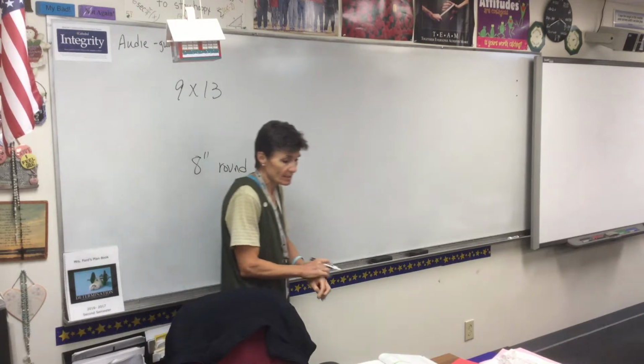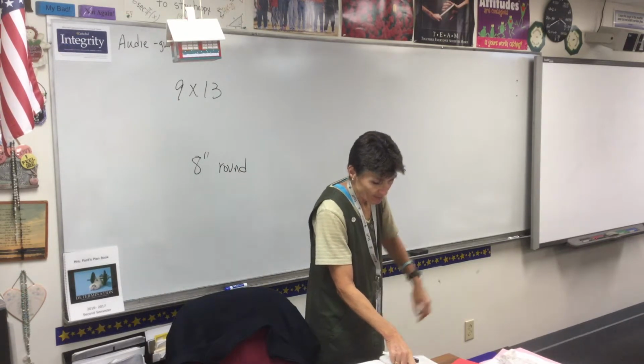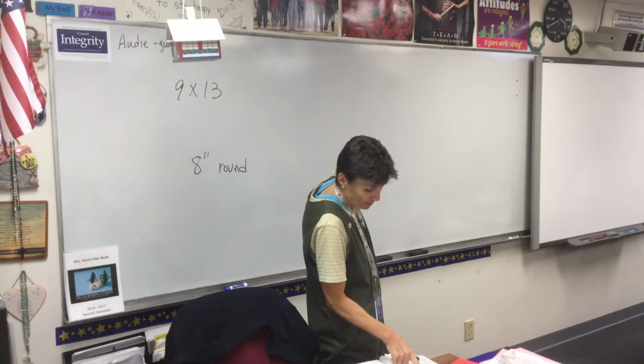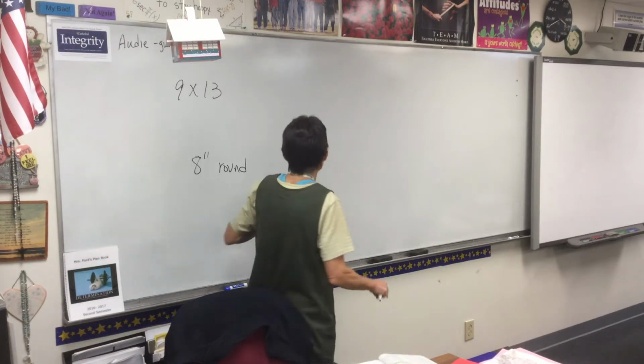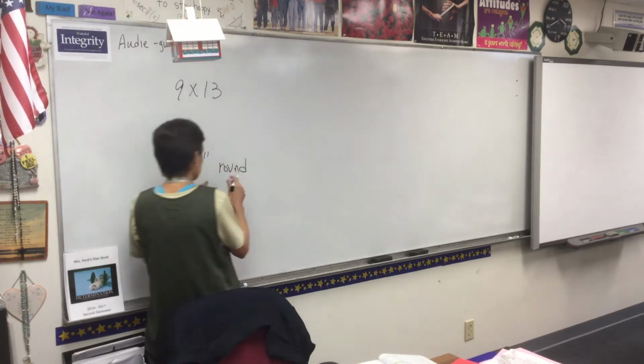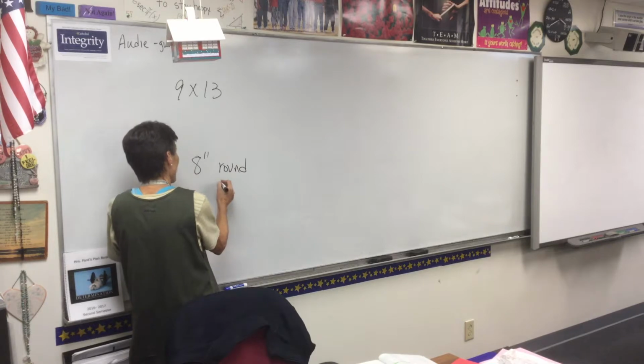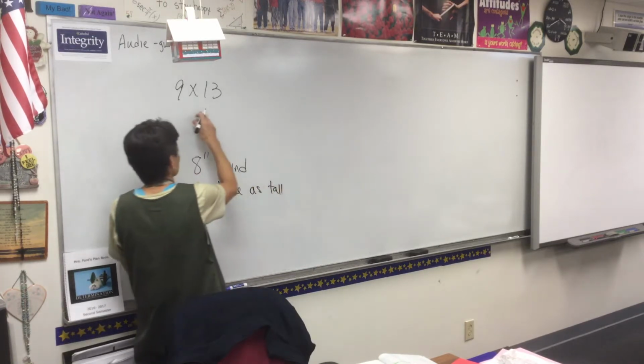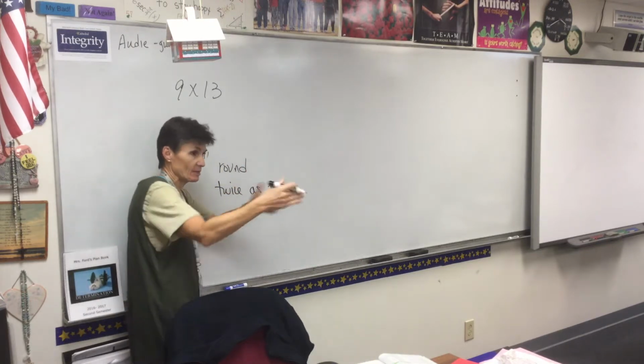All right, so here's the deal. It says, a bakery sells a 9 by 13 cake for the same price as an 8-inch diameter round cake, if the round cake is twice the height of the regular cake. So this is like a layer cake. This is twice as tall as this one. This is your regular, just rectangular cake.